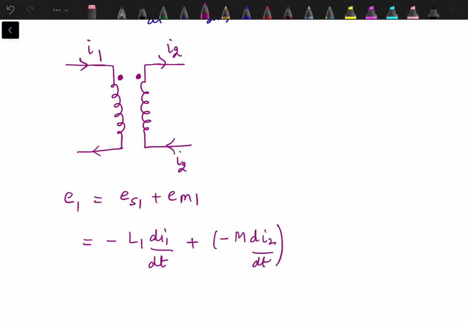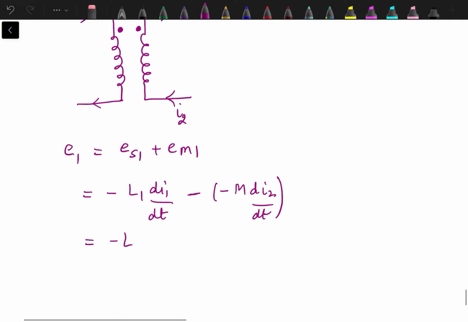This negative sign is as per Lenz's law, but since the current I2 is leaving the dotted node and I1 is entering the dotted node, both the induced EMFs are in opposite direction. So this sign will be replaced by a negative sign. They are opposite in nature. So the self-induced EMF is minus L1 di1 by dt, and then we have plus M di2 by dt.